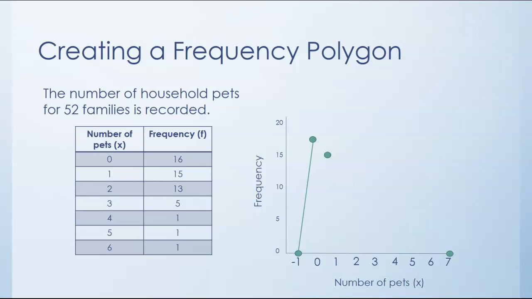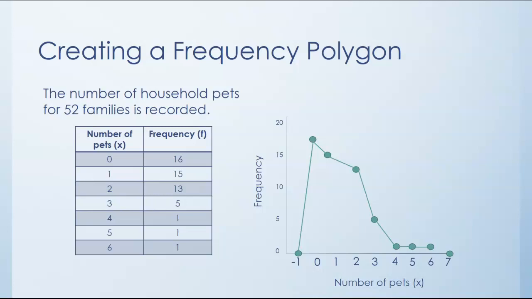We're going to put a dot for the number of pets being 1 at 15, and again draw that line. And we're just going to continue on that way. For 2 pets, that's at 13, so we'll put that dot and draw our line. For 3 pets, that was at 5, again drawing our line. 4 pets, we had 1. 5 pets, we had 1. 6 pets, we had 1.